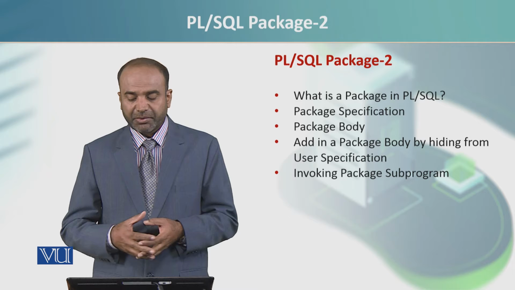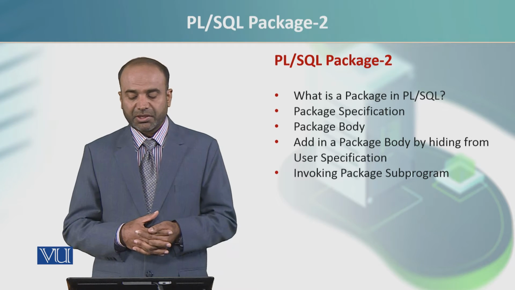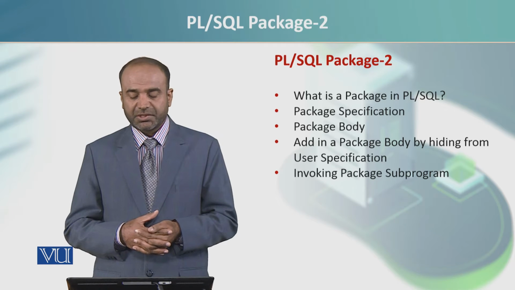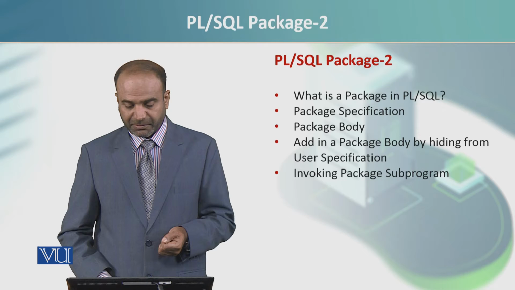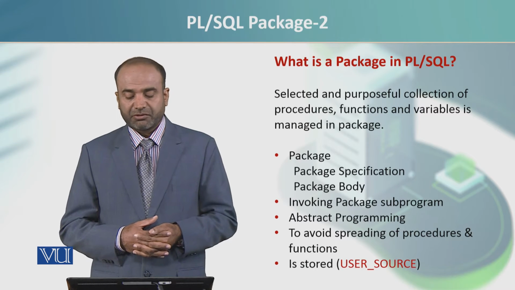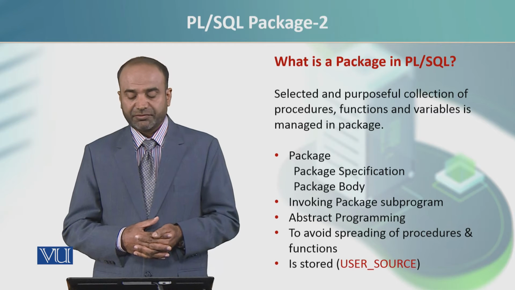So we will manage what exactly packages are, their specification, their body, hiding and user specification concepts, and invoking a package as a subprogram as well. A selected and purposeful collection of procedures, functions and variables is managed within the package.